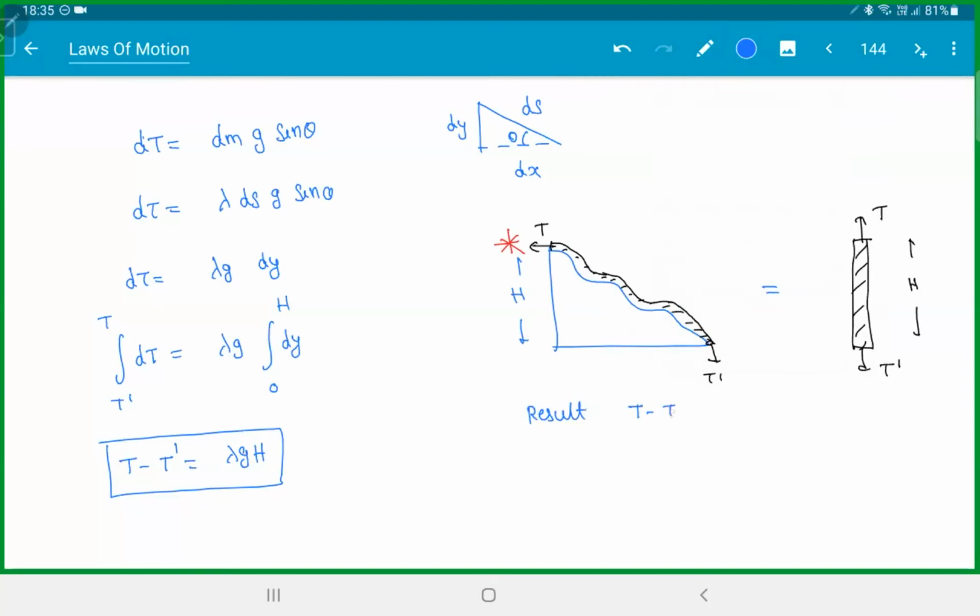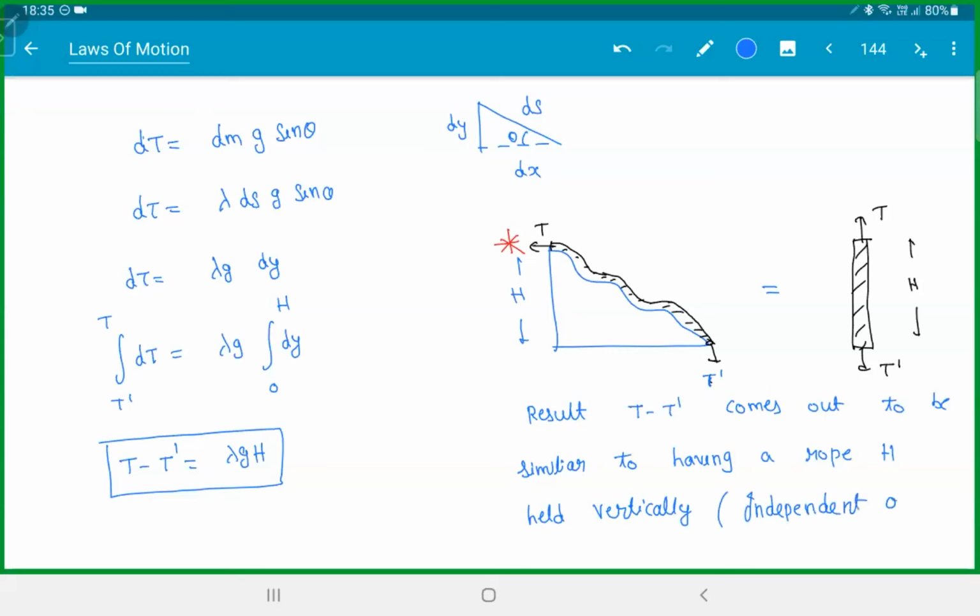The result T minus T dash comes out to be similar to having a string of rope h held vertically, independent of the shape. You can have the shape however you want. That's your result.